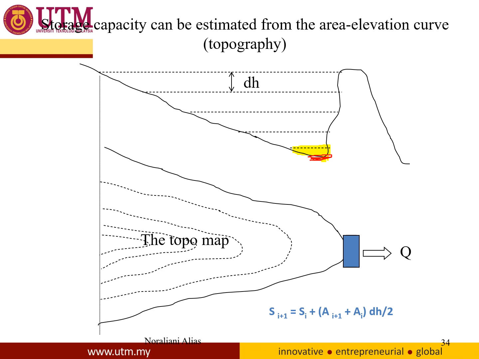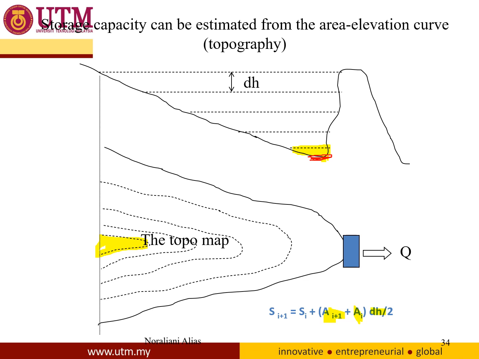So S1 is area 1 plus area 0, and area 0 is 0.